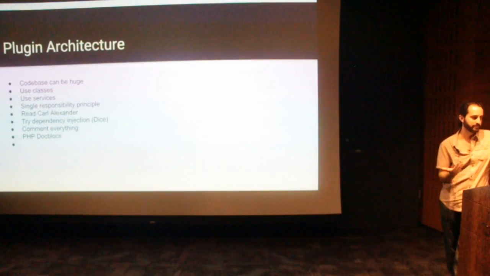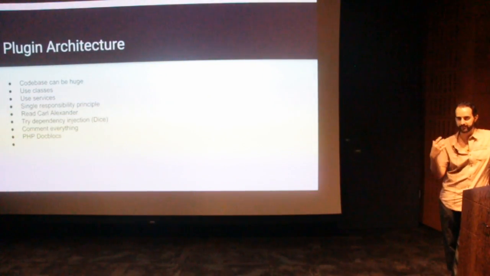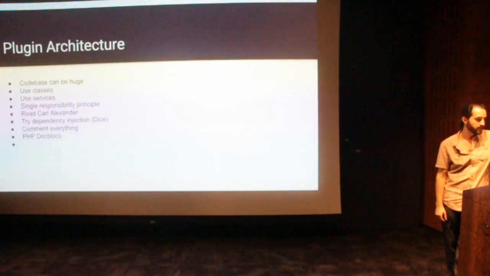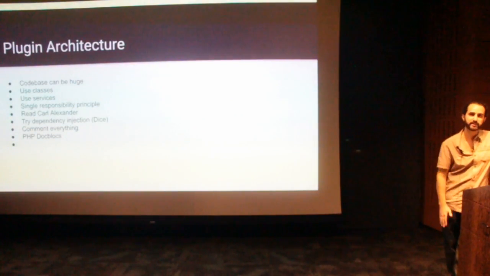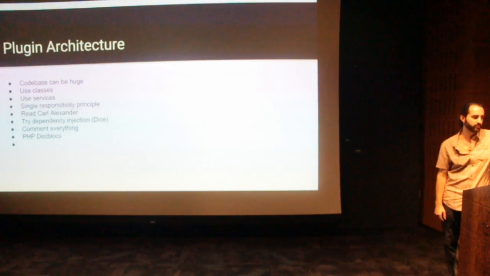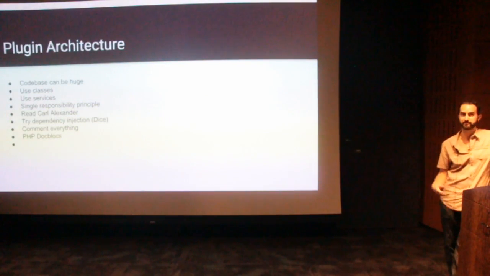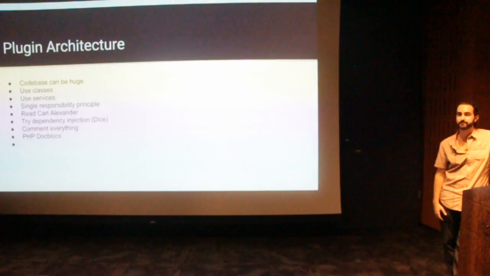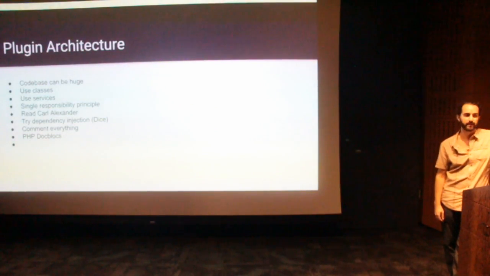Some people call them managers, some people call them services, just these classes that do a job. Single responsibility principle: make sure that every class does one thing and one thing only. If you have one class that has two methods in it, there's nothing wrong with that. It's easy to read, it's easy to understand. Name your classes well so that people can find them.